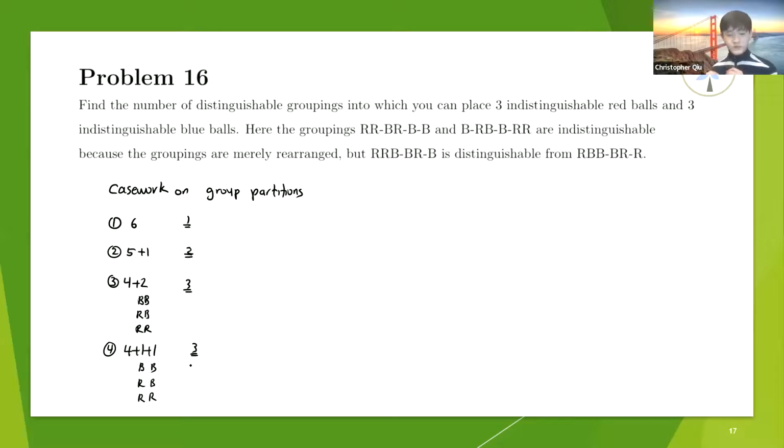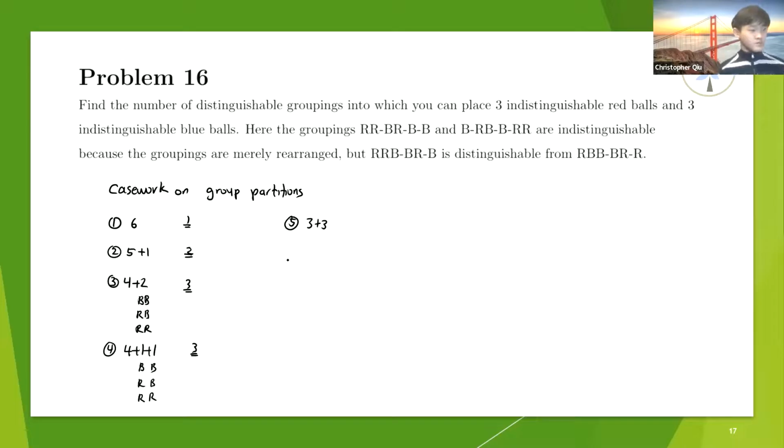Again, having 2 groups with red and blue would be the same as having 2 groups with 1 blue and 1 red, because we would be merely rearranging the groupings. So in this case, we would still have 3 possible distinguishable groupings.